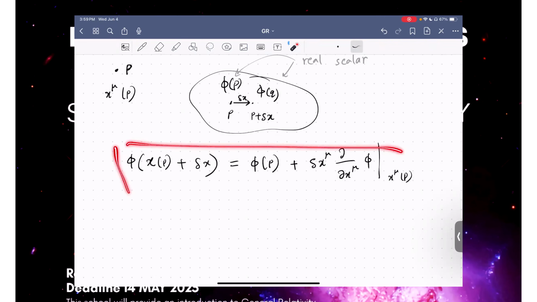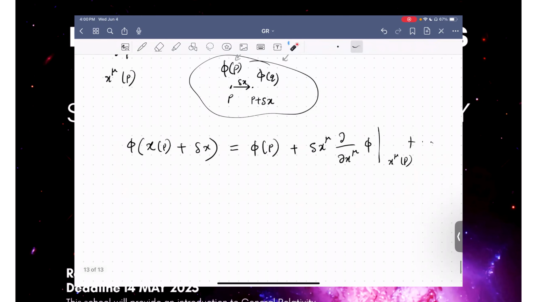Okay, so this is just the Taylor series plus other terms. But we are assuming these to be small, so we can ignore the higher order terms. So what is going on here? You have the value of φ at P, and then you have the value of φ at a nearby point, which is just a δx distance away from P. These two values differ by a term that looks like this.